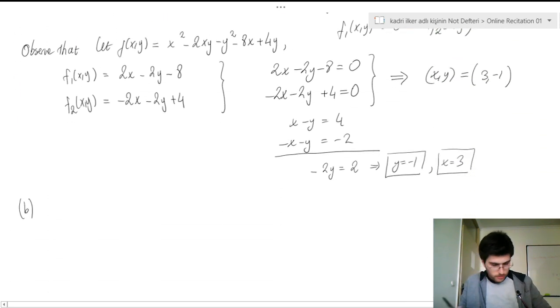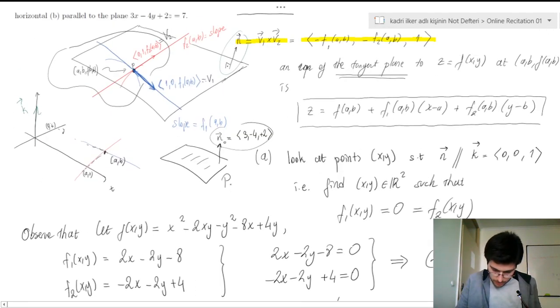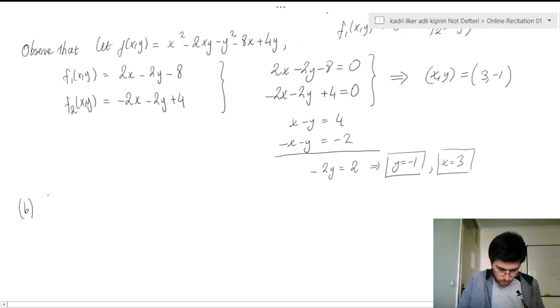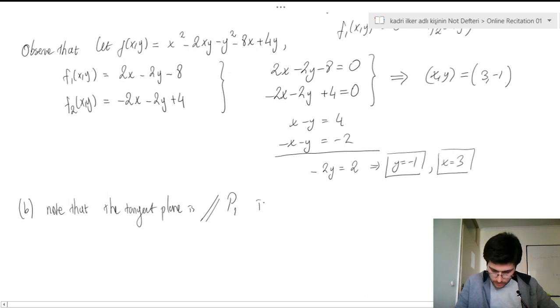And that's all. Let's call that plane P1. Just note that the tangent plane is parallel to P1 if their normal directions are proportional, if you like.